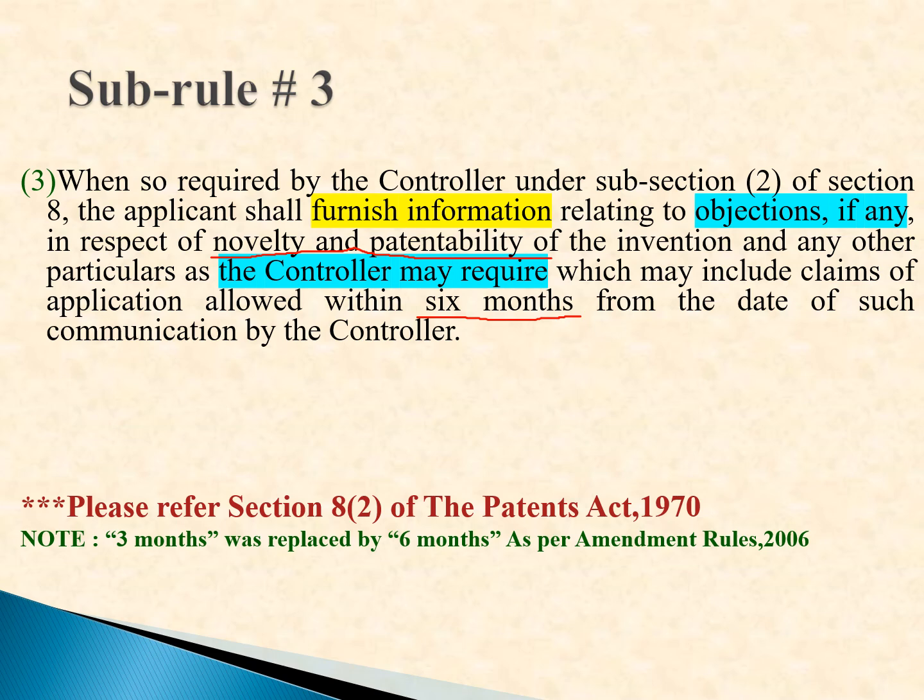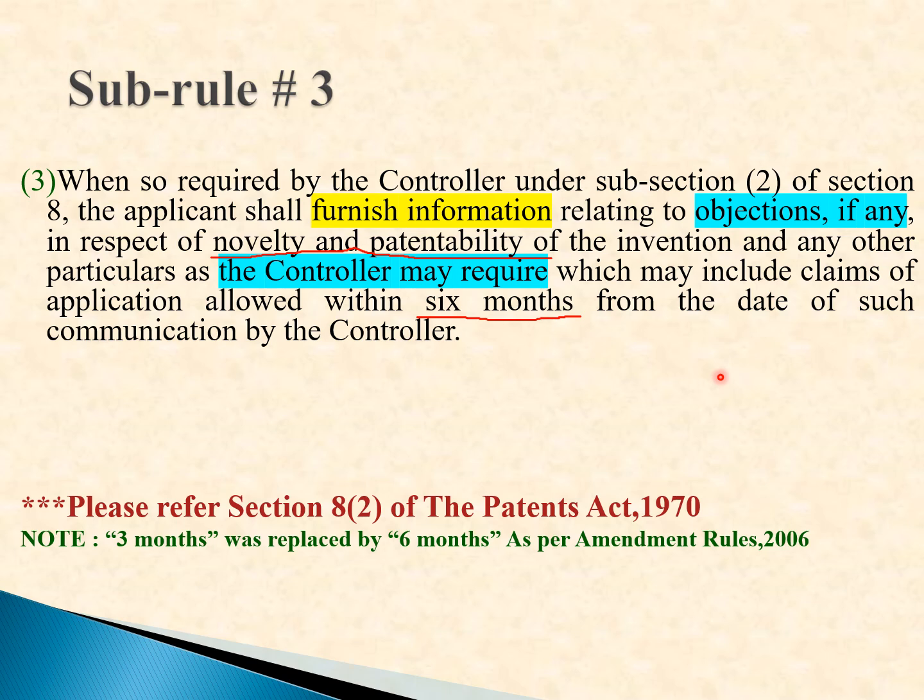Now I will again read it. When so required by the controller under subsection 2 of section 8. That means as per section 8 subsection 2, when the controller requires or desires, the applicant shall furnish information relating to objections.